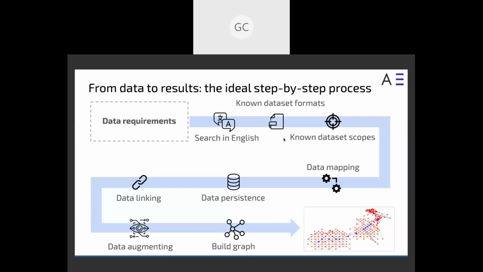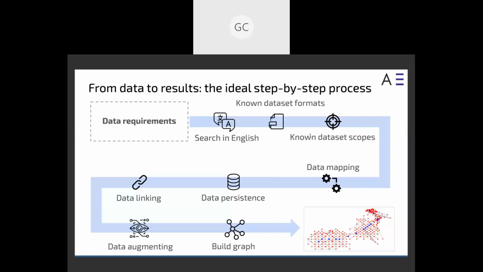And thanks to this documentation, we can get information not only about the format, but also about the scopes of the database. And this is actually the ground for any data science problem. If this is well set down, then it's like easier to proceed with the analysis and with the implementation.